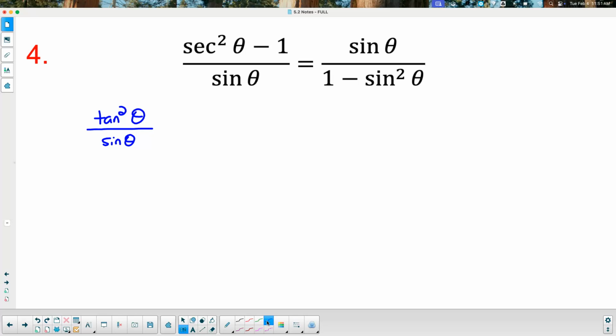Okay, so this would become sine squared of theta over cosine squared of theta. Then times 1 over sine of theta, right? With my keep change flip. So then this becomes sine of theta over cosine squared of theta. And cosine squared of theta is 1 minus sine squared, yep.